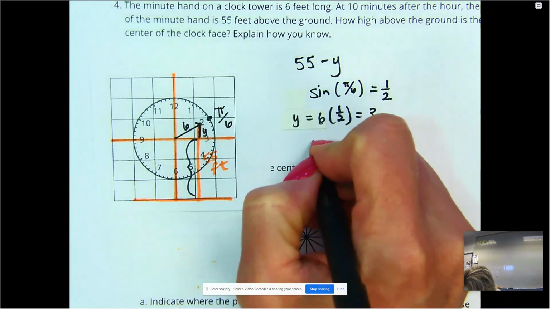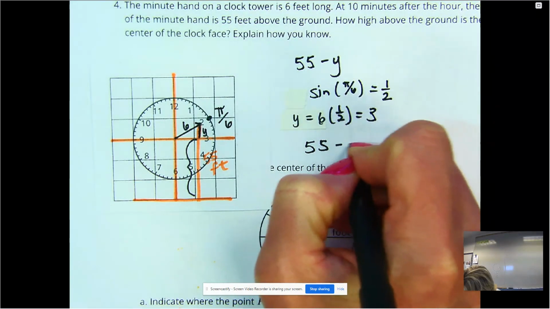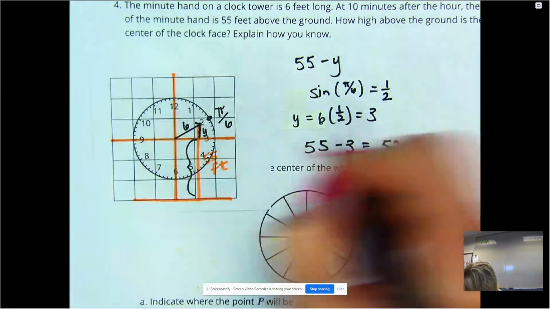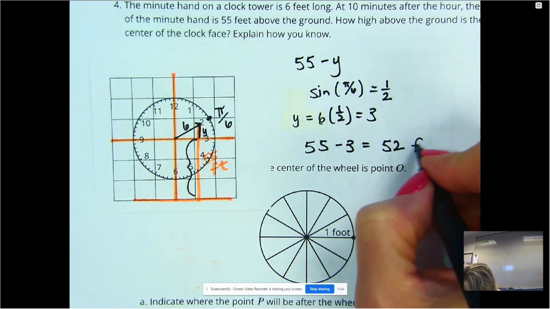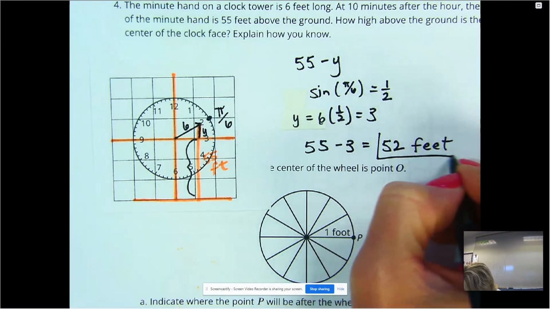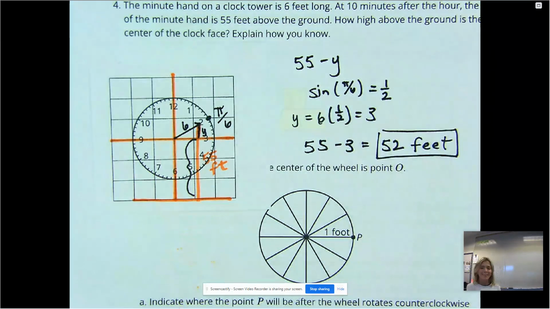So 55 minus 3 is equal to 52, which means the center of the clock is at a height of 52 feet. All right, and that is the final answer on number 4 and the last problem on your assignment.